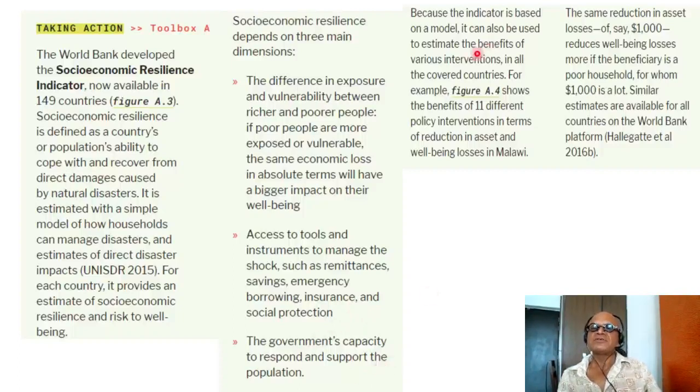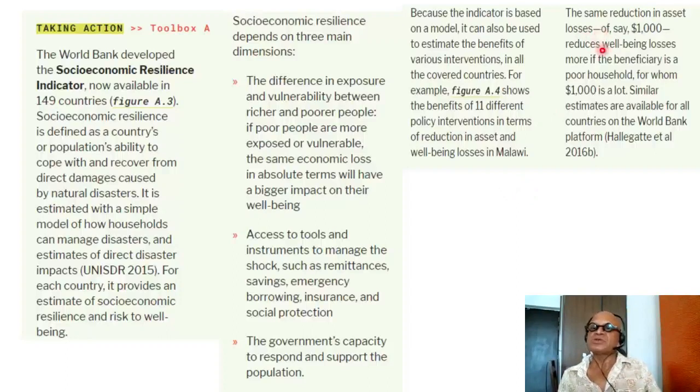Because the indicator is based on a model, it can also be used to estimate the benefits of various interventions. So you can perturb the various components of the model to see how the interventions can improve resilience or reduce vulnerability. For example, A4, which we will see next, shows the benefits of 11 different policy interventions in terms of reduction in asset and well-being losses in Malawi, a country that's quite poor.